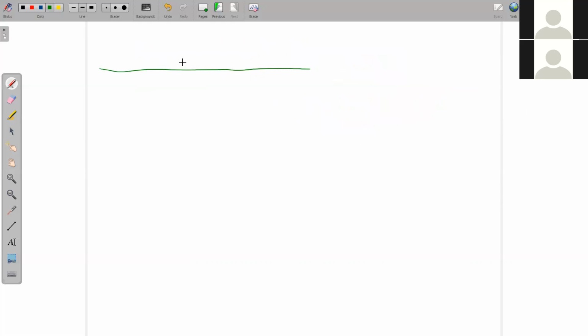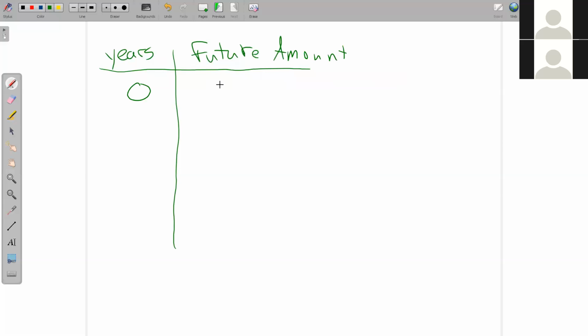All right, so we know how to calculate simple interest and add it back on. So what we're going to do is look at what happens over a whole bunch of years to my future amount. And I'm going to put a year 0 in here just to indicate I'm starting with $1,000.